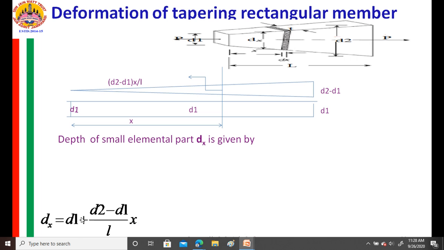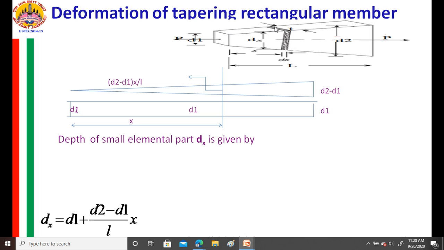Right? If this is the depth at this location, what is the area at this location? Area is nothing but the depth multiplied by the thickness.